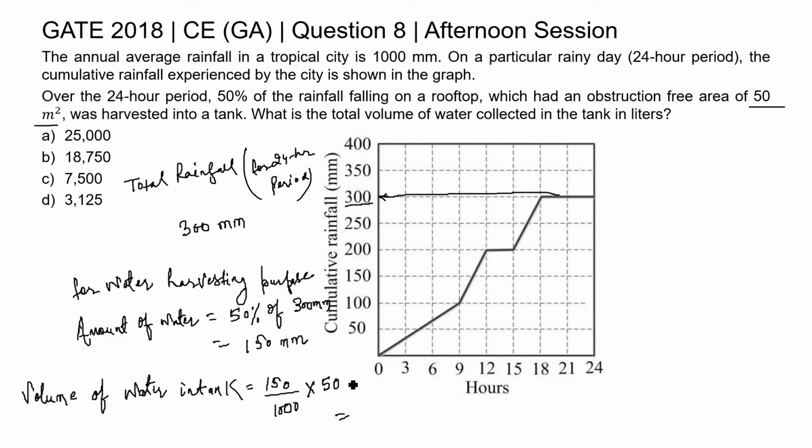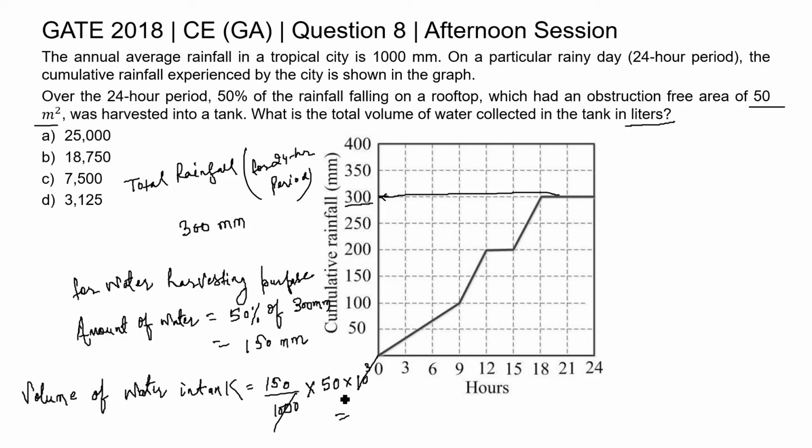So this is in meter cube, but we need to calculate the amount of water in liters. So for converting meter cube into liter, we multiply this meter cube with 10 to the power 3. So now this 10 to the power 3 and 1000 will be cancelled out. 150 into 50.